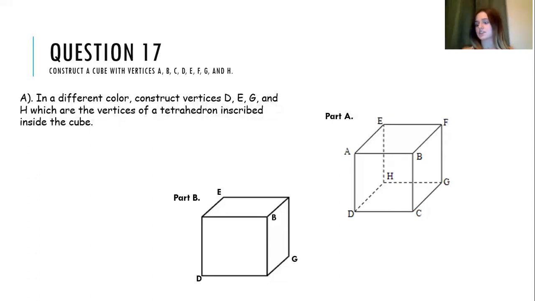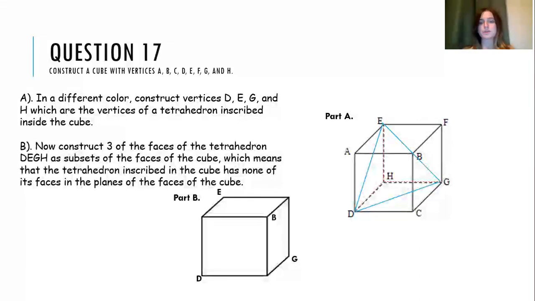A tetrahedron is a solid having four plane triangular faces, which is actually a triangular prism. So let's construct our shape. Right here, we have our triangular prism.